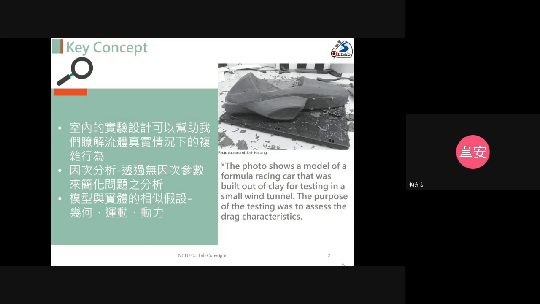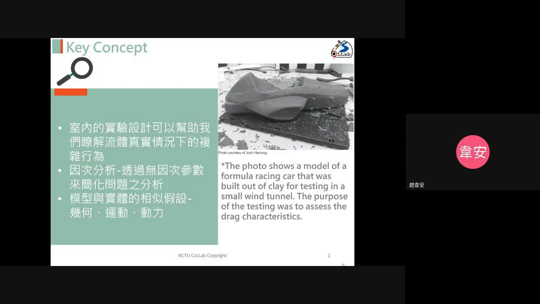But before that, we need to conduct a series of dimensional analyses and use them to understand the physical behavior in the true environment.